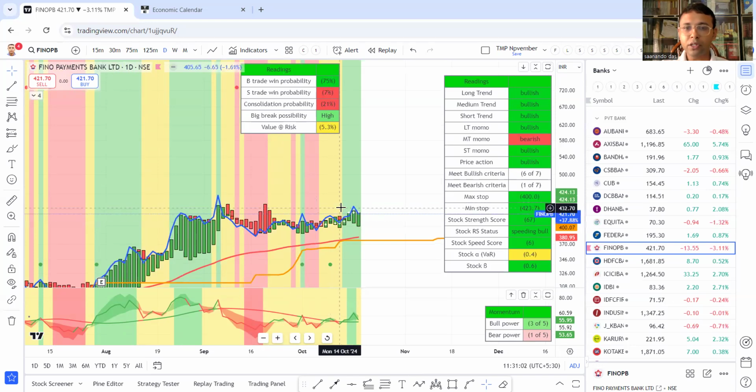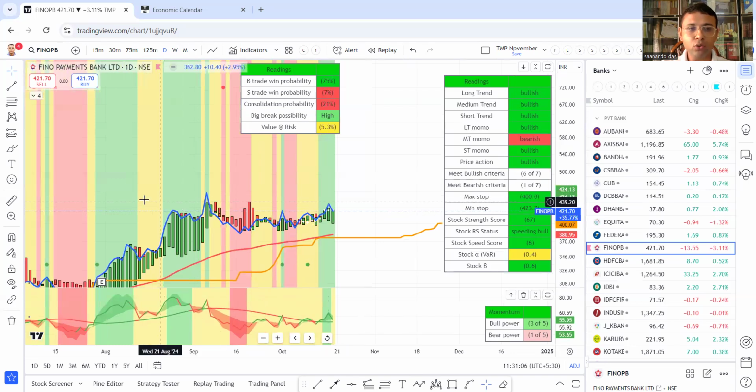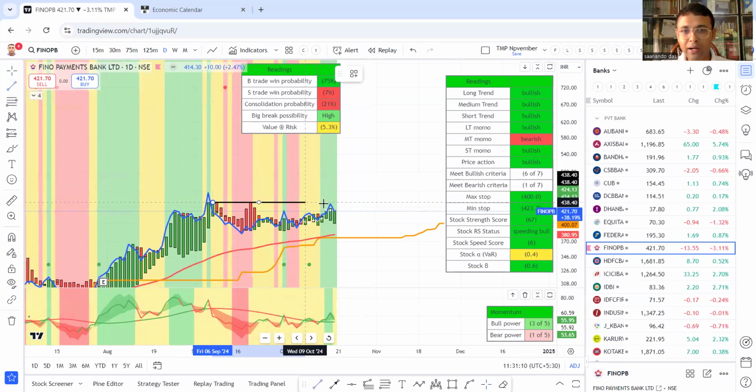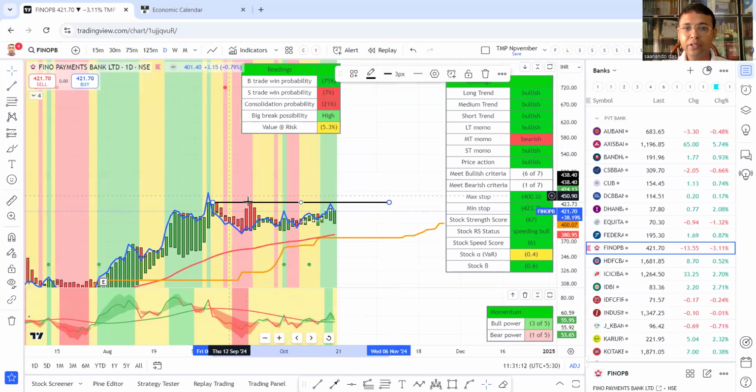So this up move attempt has failed, but I think accumulation is going on in this stock. One good early level is this rainbow level in Fino Payments. Above this black level, 438, if it gives a closing, that will be a good area to buy Fino Payments Bank.